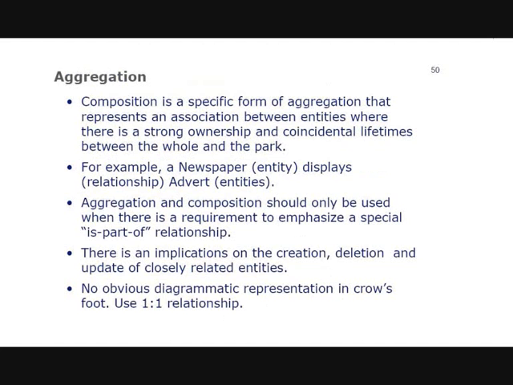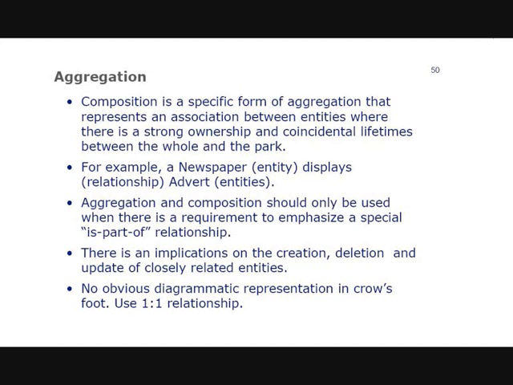And the book mentions composition, which is a special form of aggregation. This is where you have an association between entities, but there is a strong ownership and coincidental lifetime between the whole and the part, which might not always be the case for aggregation. So if we think about a newspaper, which is made up of artworks, the whole is the newspaper and the artworks are the parts, but they are going to exist in coincidence with one another.